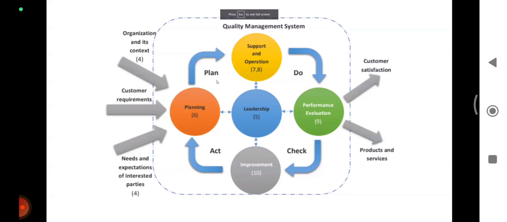So this diagram right here, this is how it looks if you formalize the quality management system. This is what it will look like in your organization if you employ a process approach which adopts the PDCA and the risk-based thinking. So with this being done, this is what we are going to do in today's webinar.